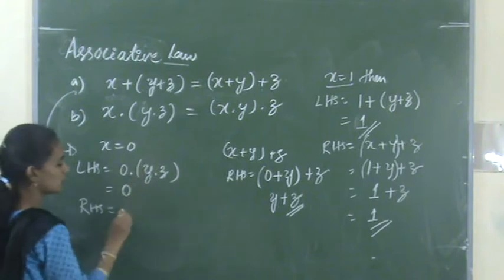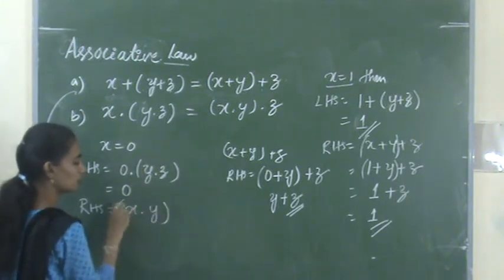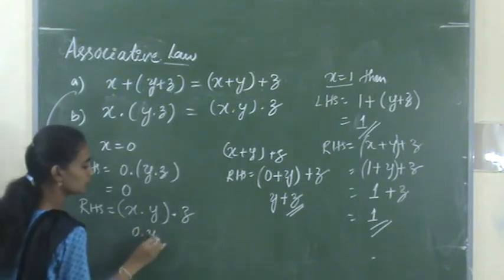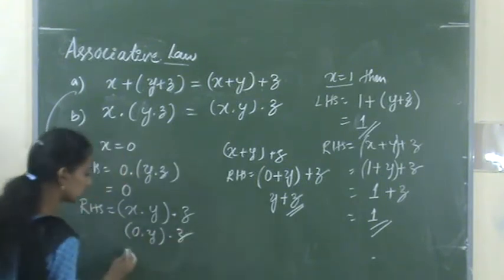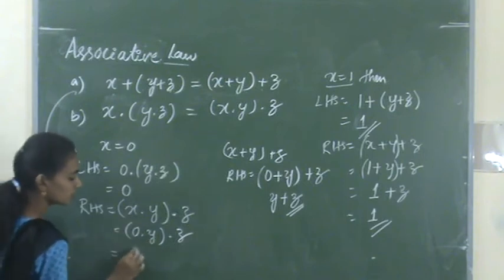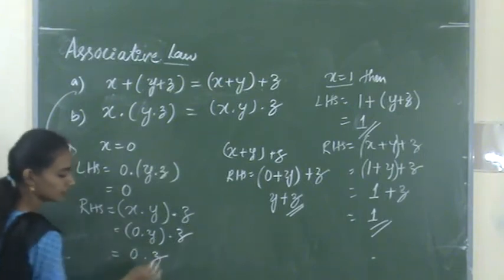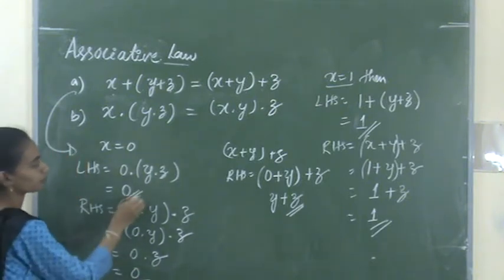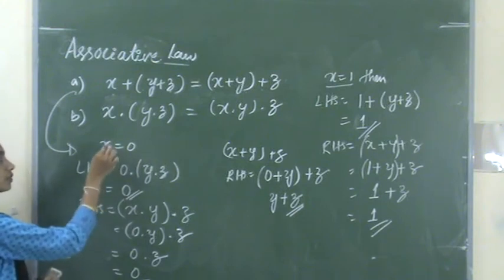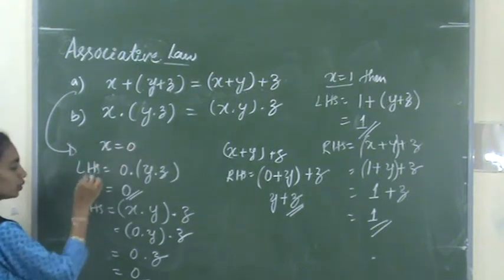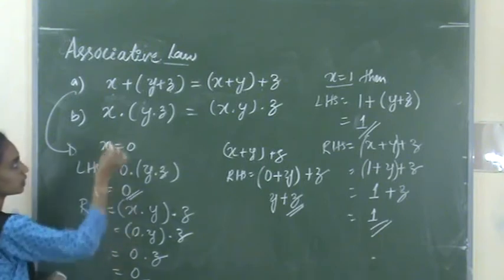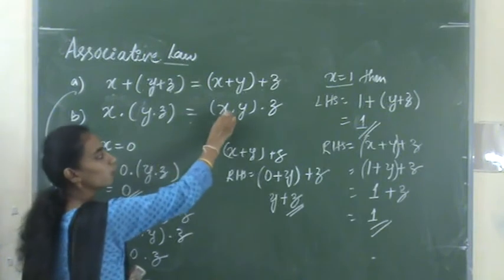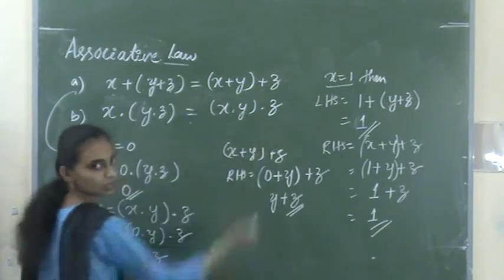For RHS, (X·Y)·Z, so X value is 0, 0 into Y into Z. So 0 into Y is 0, the remaining is Z, so 0 into Z is 0. So when X value is equal to 0, both LHS and RHS are equal. Hence we can prove that X·(Y·Z) is equal to (X·Y)·Z.